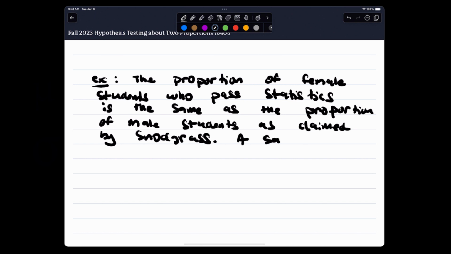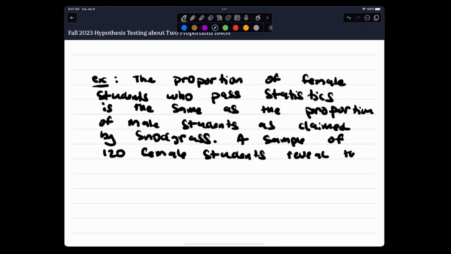And I'll say this, a sample of 120, what? Female students reveal that 98 passed statistics.